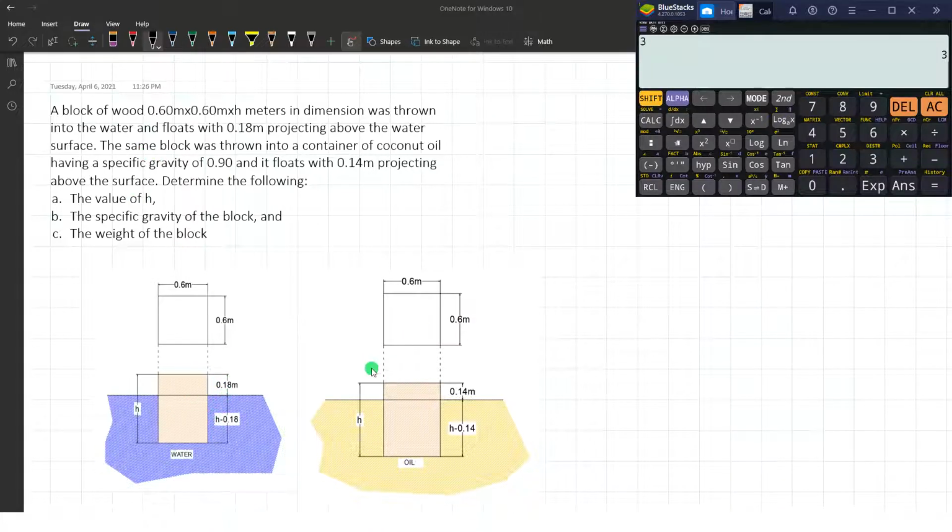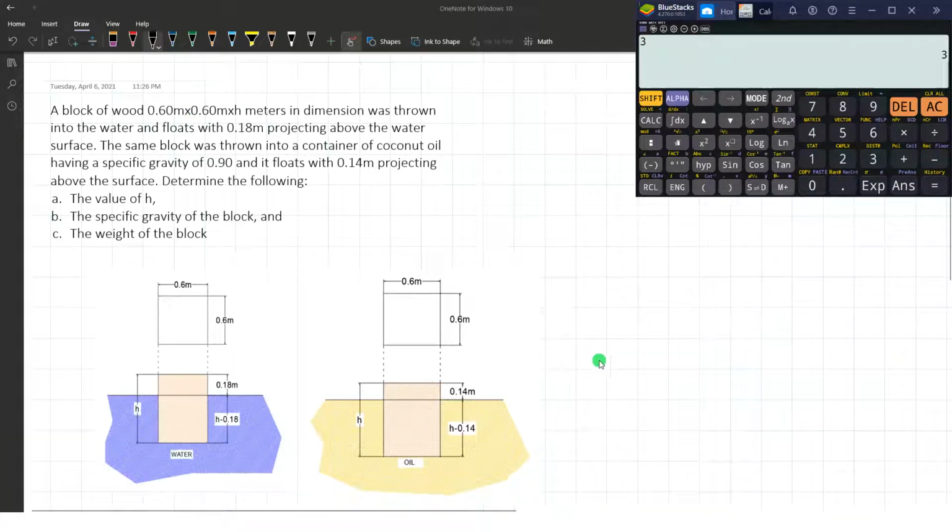The same block was thrown into a container of coconut oil having a specific gravity of 0.9 and it floats by 0.14 meter projecting above the surface. Determine the value of h, or the height of the block, the specific gravity of the block, and the weight of the block.